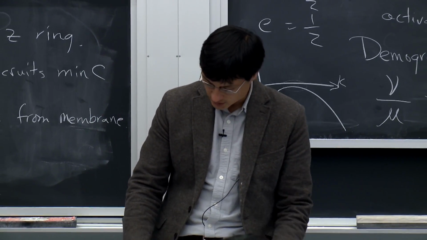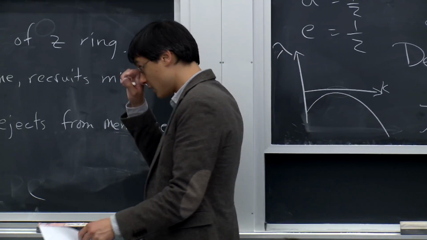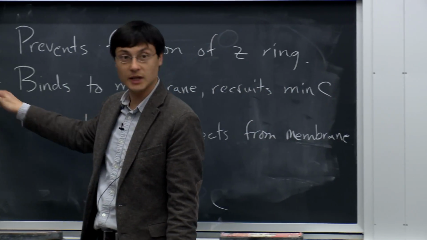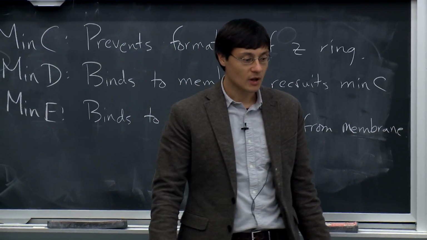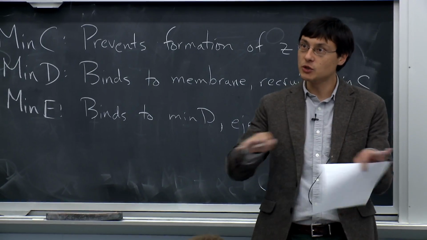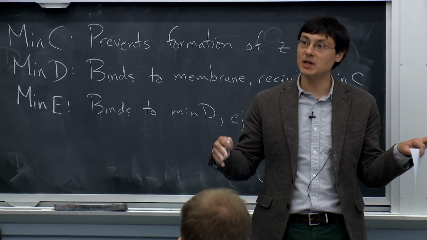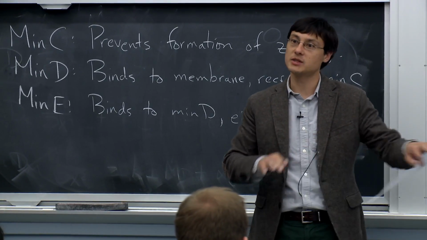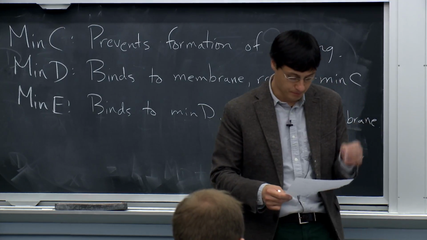So there are a few things worth saying here. These are fluorescently labeled MinD and MinE. They started out with MinD that was uniform, and then they added MinE, and over the time scale of about an hour, they started seeing these sorts of patterns.